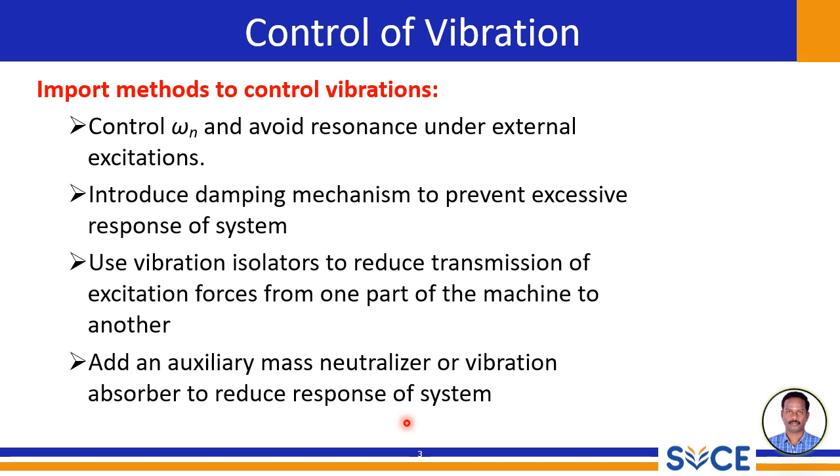In essence, these methods aim to shift the natural frequency away from excitation frequencies, introduce damping to dissipate energy, block the transmission of vibrations, or actively control them. Each method has its own advantages and disadvantages. The choice depends on the specific application and requirements.